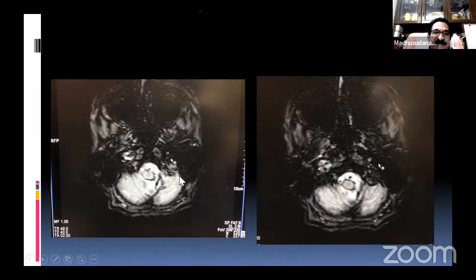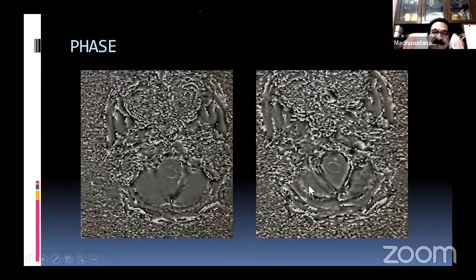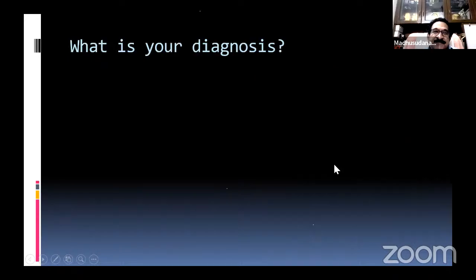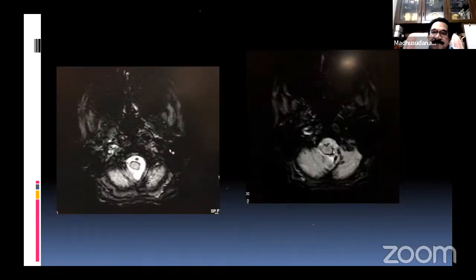See this one. See the cord, what is happening surrounding the cord, the spinal cord. See how clearly you can make out the hemosiderin pigment there. See all around. These are all pictures showing the hemosiderin pigment. And you can see the phase sequence showing the hypointensity. See, that is the one here.